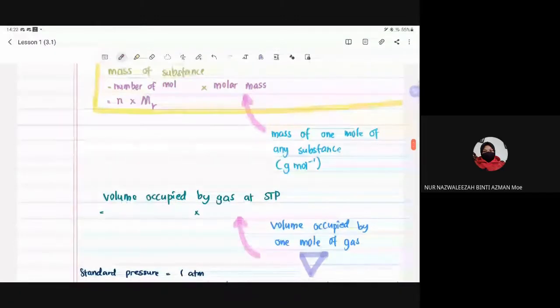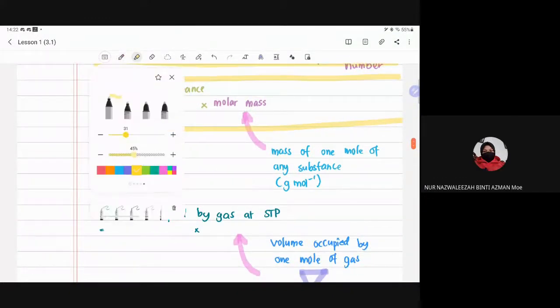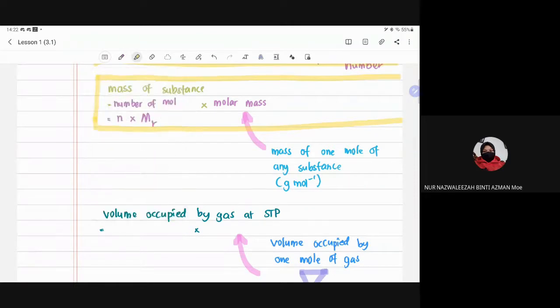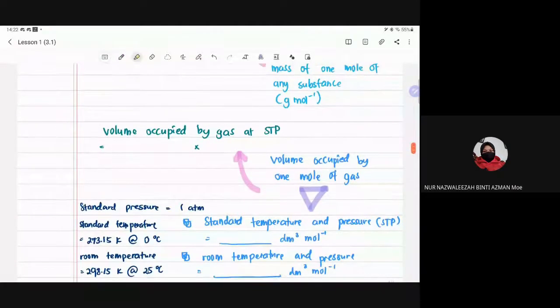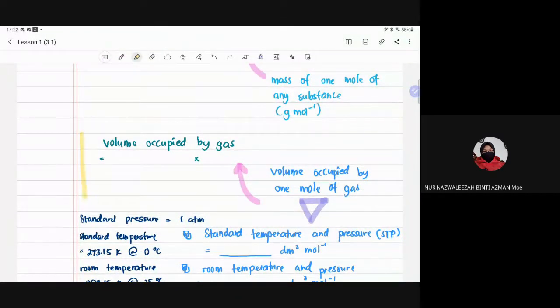And then another formula yang kita boleh gunakan yang melibatkan bilangan of mole ini, it is the volume occupied by gas. So kalau kita ada gas, kita boleh guna bilangan mole to find the volume. Okay, so how can we do this?